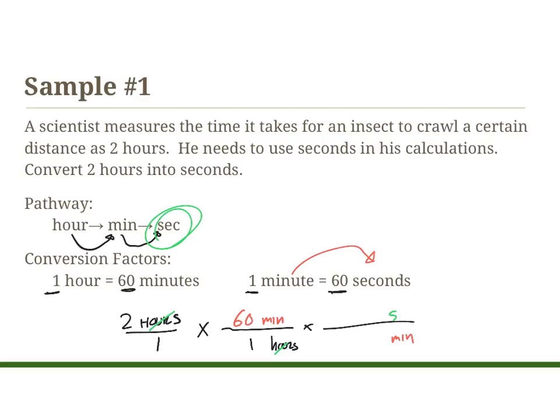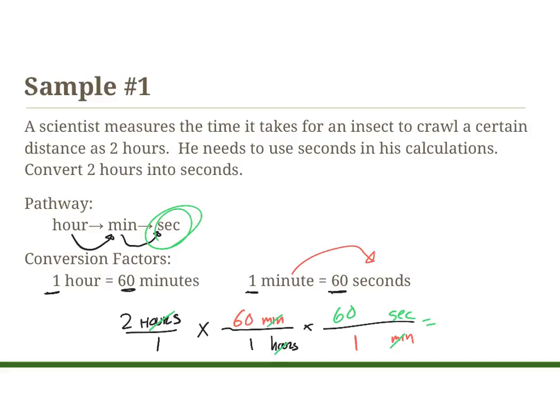And anyway, we have minutes on the bottom, so I'm going to put the value of 1 minute on the bottom, and then the value of 60 seconds on the top. Now I'm going to check to make sure that my units are canceling. My units for minutes cancel, and I'm left with seconds on the top. So my math is just like before. I'm going to multiply straight across, and then divide or simplify.